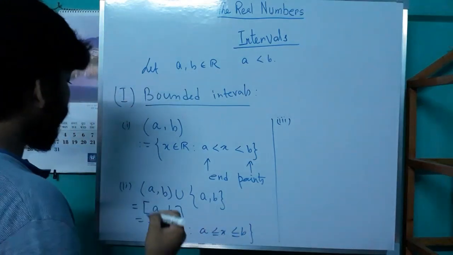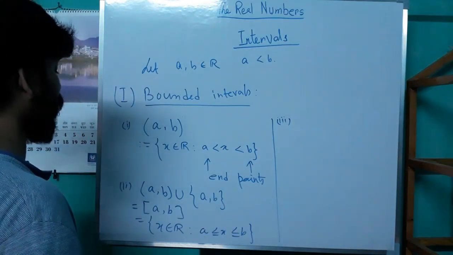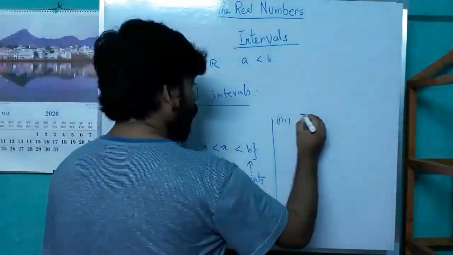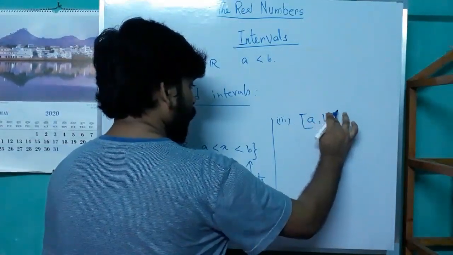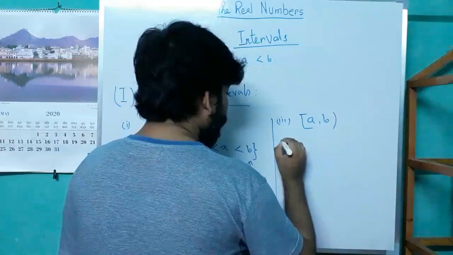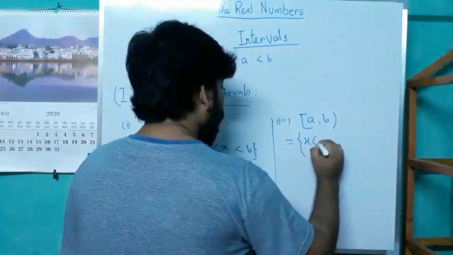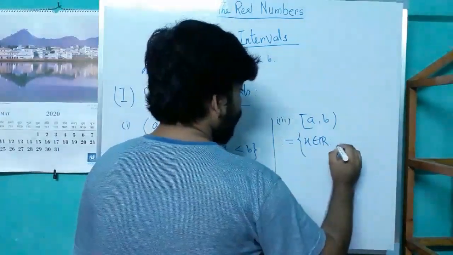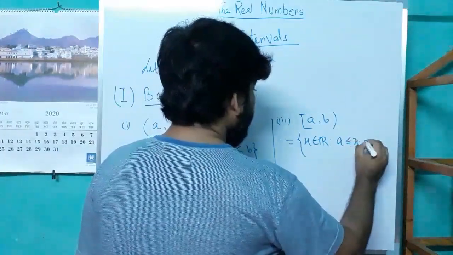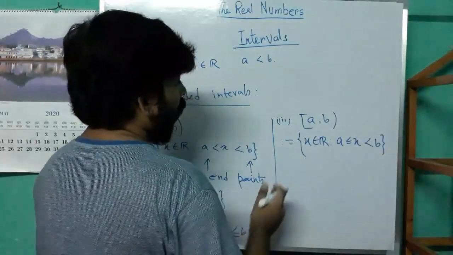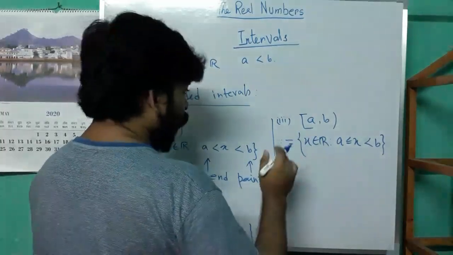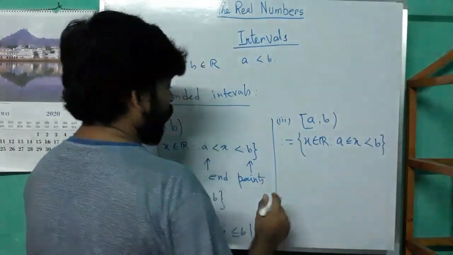Next to define the semi-open or semi-closed interval, this is the set of all real numbers such that a less than or equal to x strictly less than b. So this is called semi-open intervals or semi-closed intervals or half open intervals or half closed intervals.